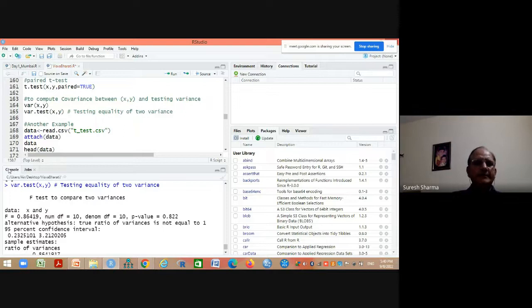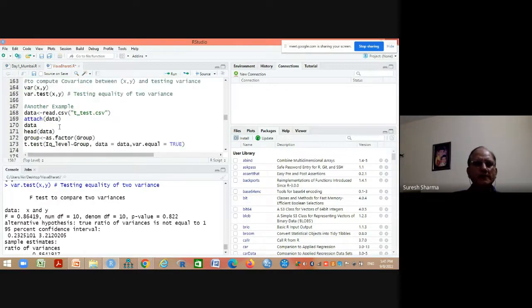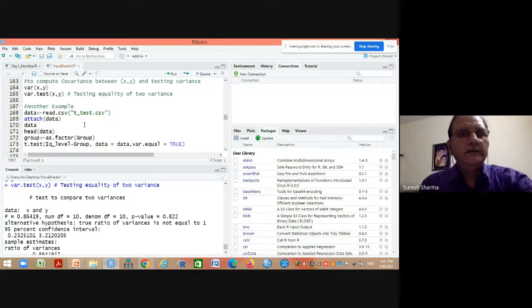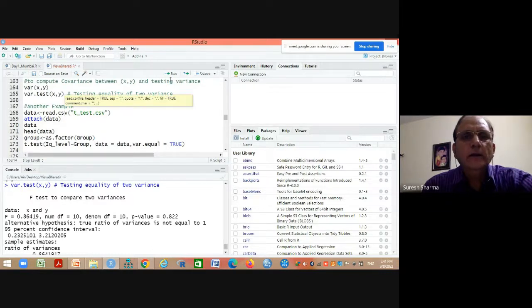Another example of t-test is this one. Let me show you the data so that you will be clear about this. I'm just reading this file. This file is a CSV file, t.test CSV.